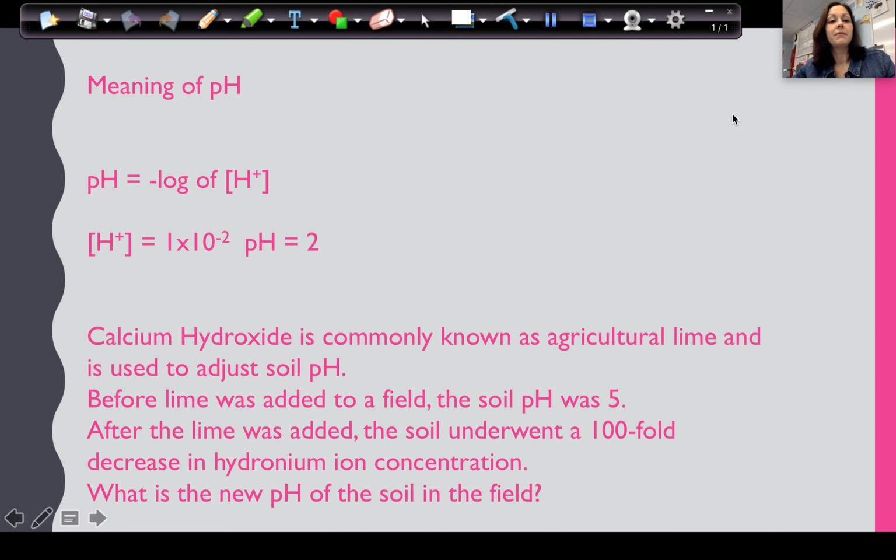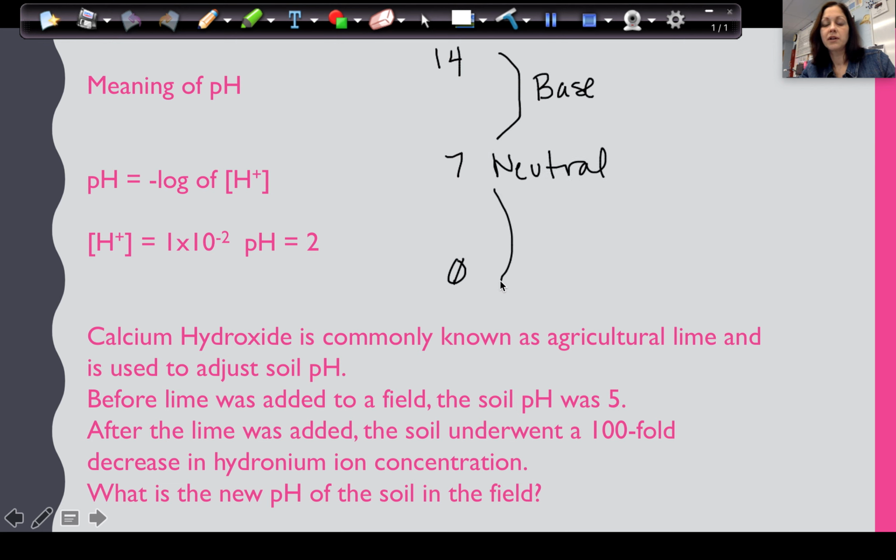When we talk about the meaning of pH, the meaning of pH is actually the negative log of the H+. So if we look at the pH scale, usually high on the pH scale would be considered 14. 14 till just above 7 is considered base. 7 is considered neutral, and lower than 7 is considered acid.